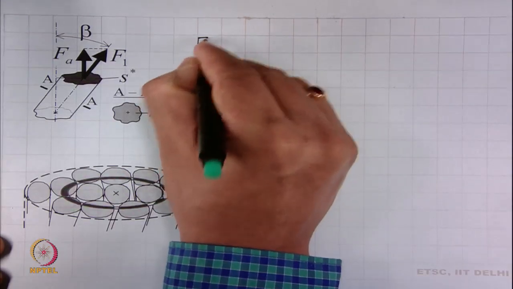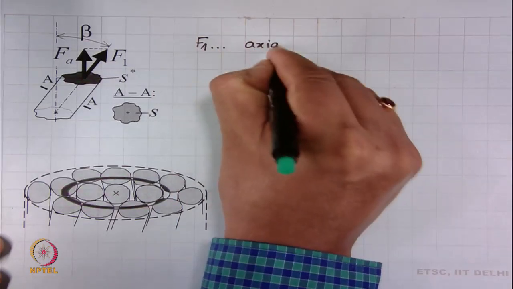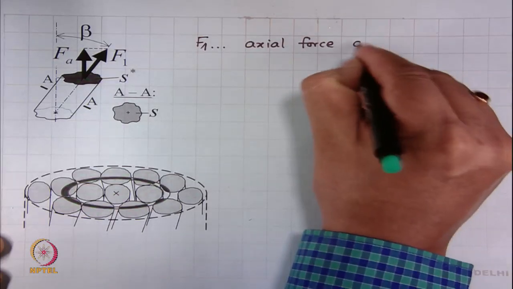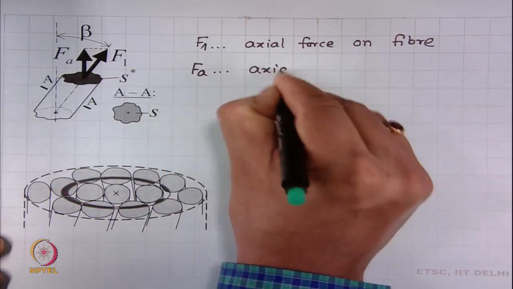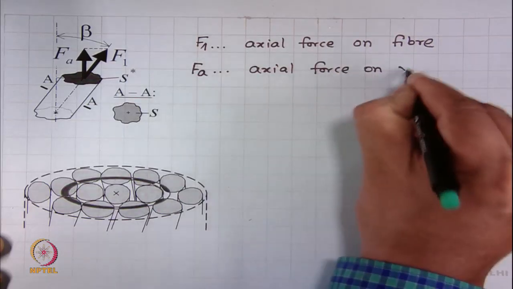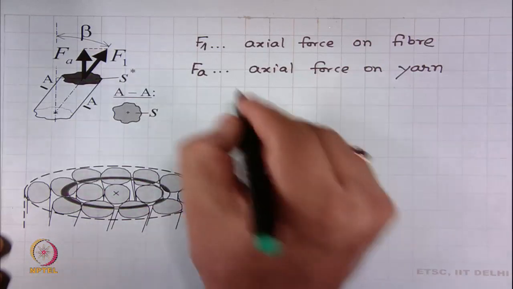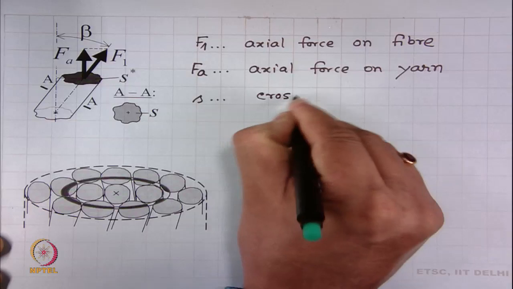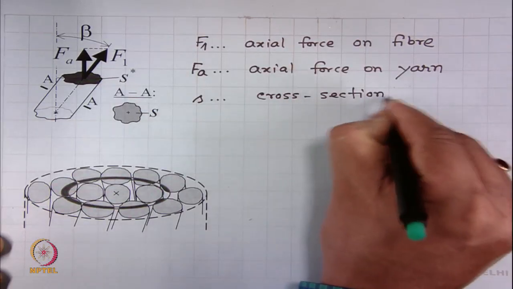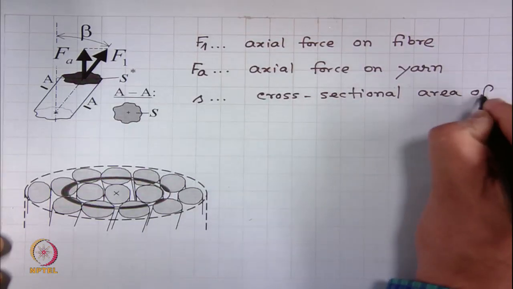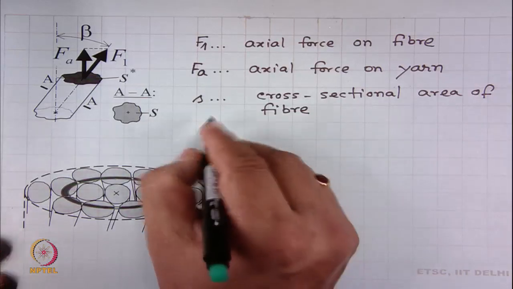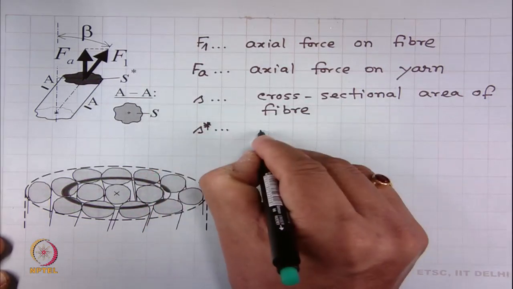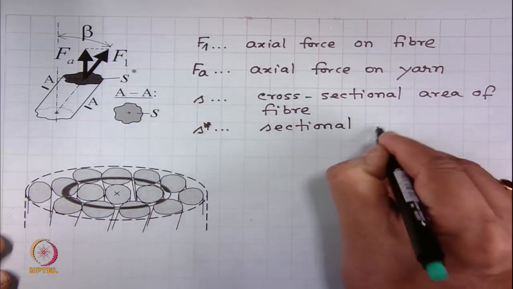So, let us write what is what here. F1, axial force on fiber, F subscript A, axial force on yarn, small s, cross sectional area of fiber, and S star is the sectional area of fiber.